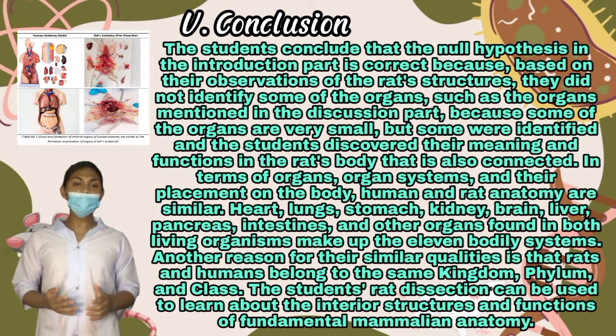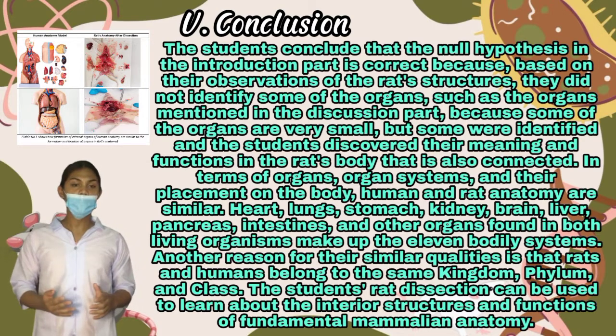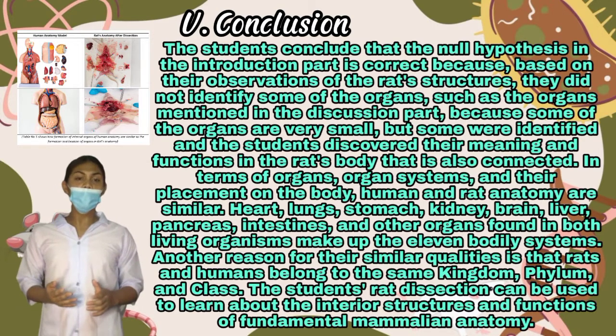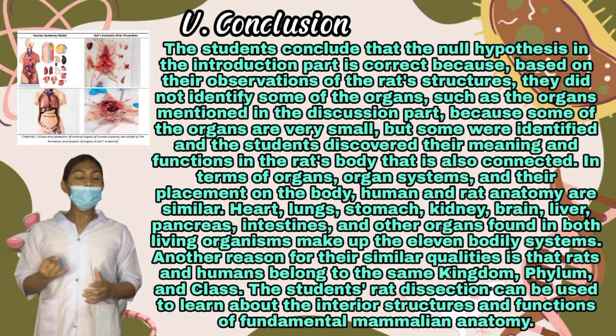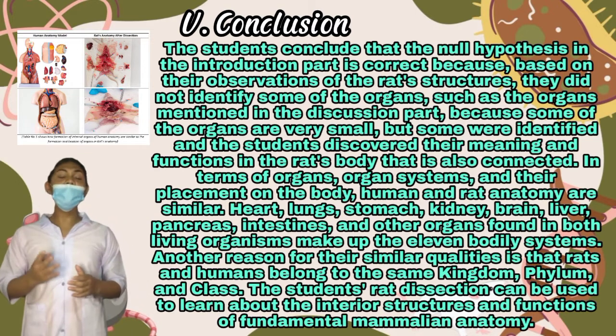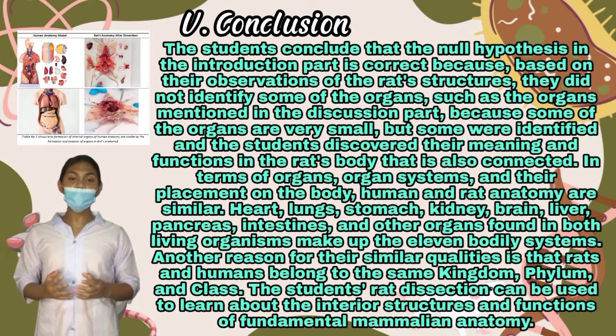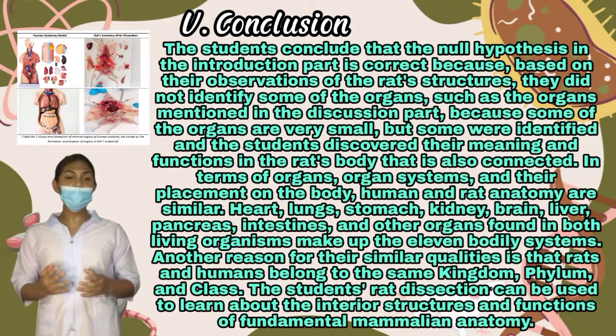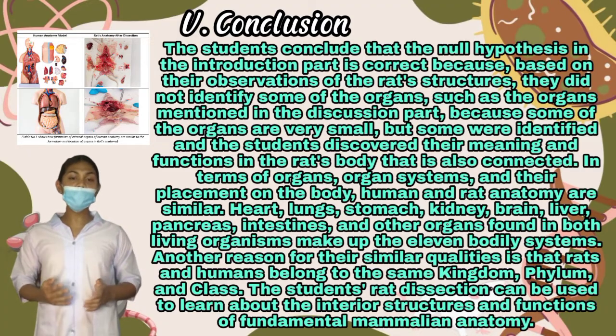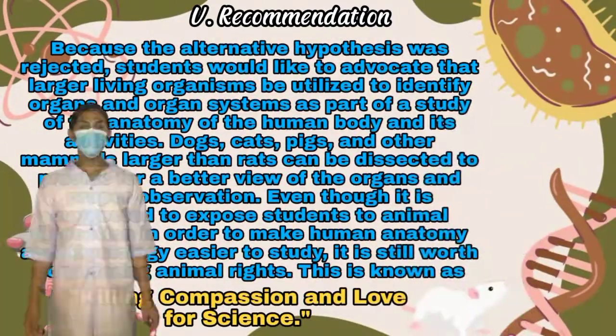Another reason why they both possess the same characteristics is because of their classification. Rats and humans came from the same kingdom, phylum, and class. Dissection of rat performed by the students can be used to explore the internal structures and functions of basic mammalian anatomy.